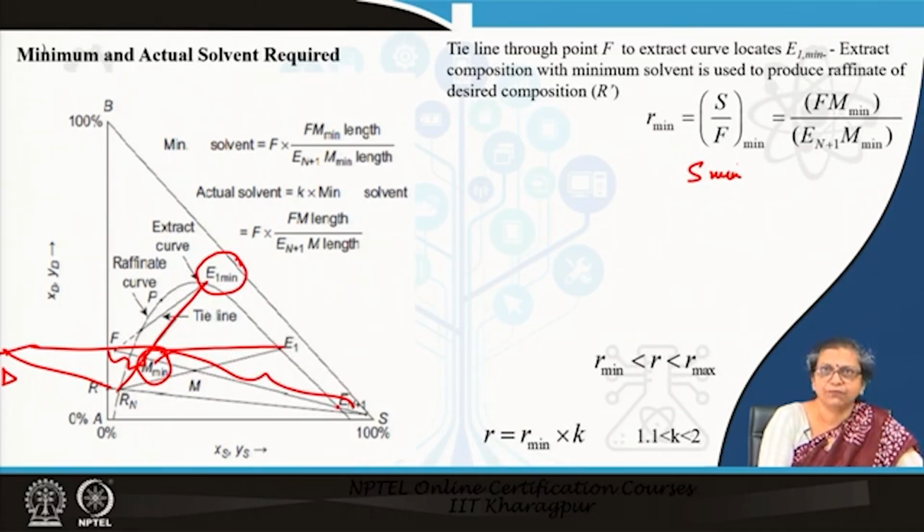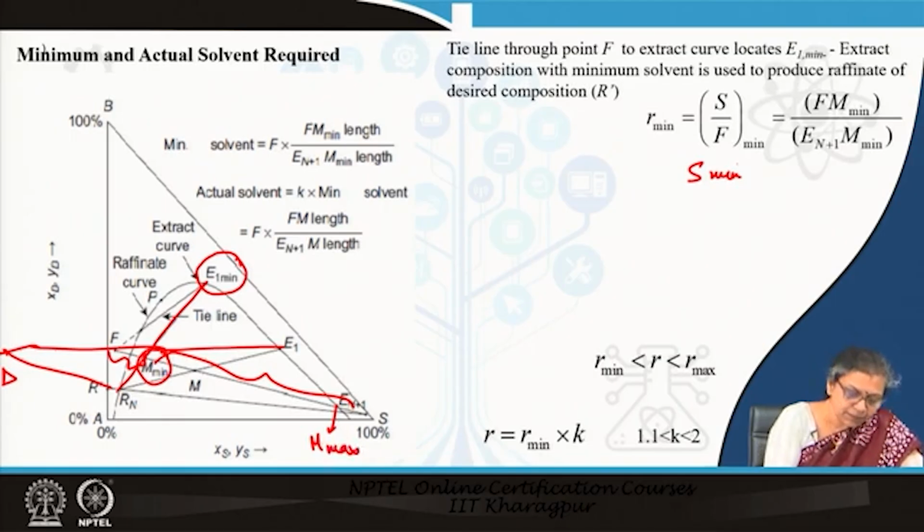After that, if you add more amount of solvent, naturally you enter the zone of miscibility, and as a result we cannot perform extraction. So, the maximum amount of solvent corresponds to M lying on the extract curve, and the minimum corresponds to the M which can be located corresponding to the E1 minimum.